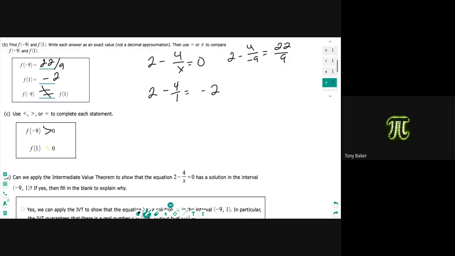Negative 9 is greater than 0, and 1 is less than 0. The two values cannot be equal to each other, because if they're equal, then they don't technically have to cross anywhere. One has to be greater than 0, one has to be less than 0 for it to work. So the other two criteria work, but it wasn't continuous. So the final answer is nothing. We can't use the intermediate value theorem there.